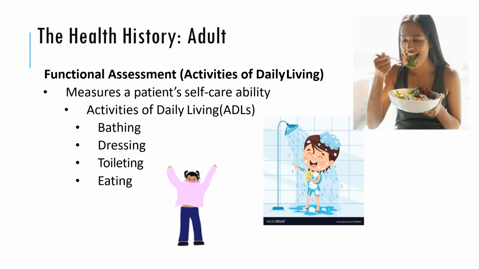Next, we want to talk to them about their daily lives. This is called a functional assessment. So we're looking at activities of daily living. Are they able to care for themselves? Can they bathe themselves, dress, use the bathroom? Are they able to provide meals for themselves? Can they cook for themselves? Or are they dependent on somebody else coming into the home to help them with these things?